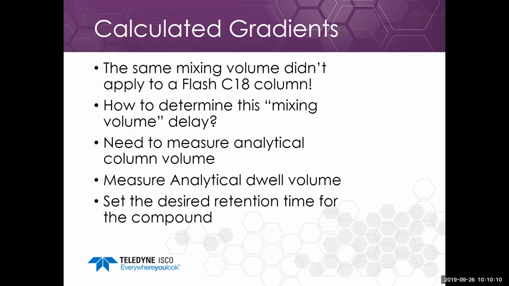For the other techniques that I mentioned, other than the zone method, you need to measure the analytical column volume and the analytical draw volume in order to calculate the gradient delay on your analytical system. And then you have to set the desired retention time for the compound. So you have to do an awful lot of work just to get to the point of being able to do a first run.